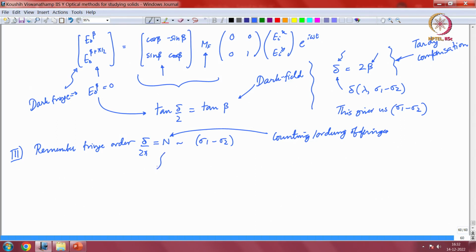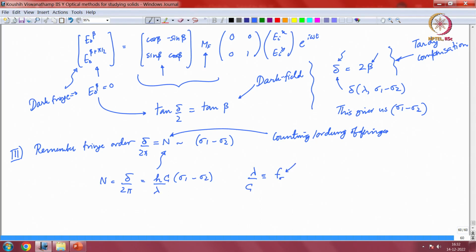And coming back to this relation, remember that the delta by 2 pi n, if you go back, it was h c by lambda, c being this c. We will refer to this lambda by c, it's commonly referred to as f sigma.